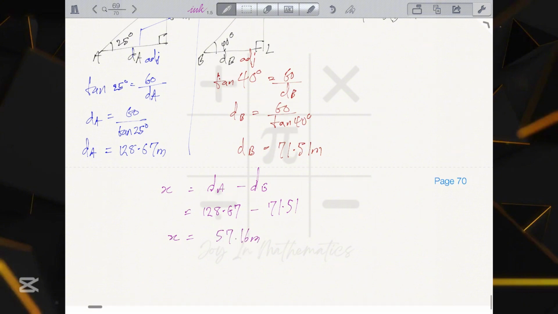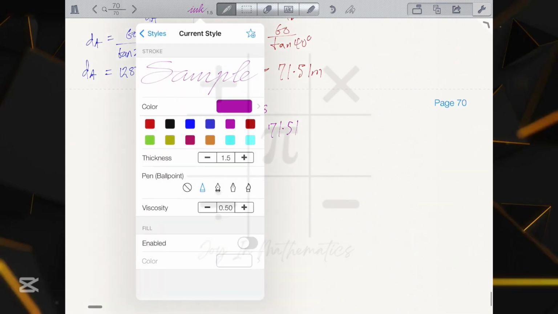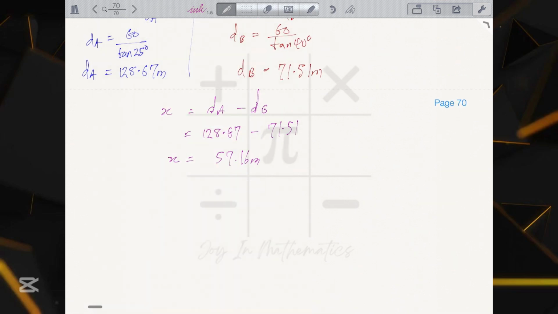So let's draw a further diagram to represent what we have unraveled. We have the lighthouse, which is 60 meters tall. We have boat A, which is at an angle of 25 degrees. Likewise, we have boat B, which is at an angle of 40 degrees to the top of the lighthouse.